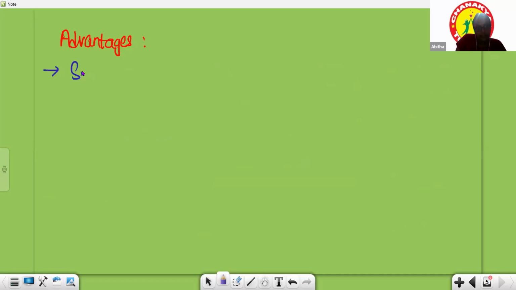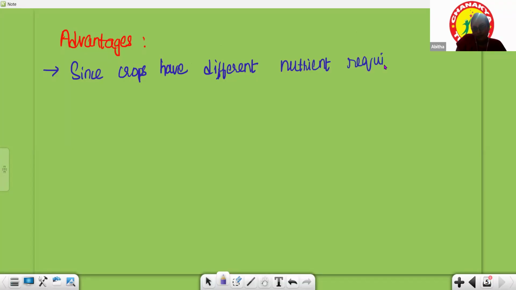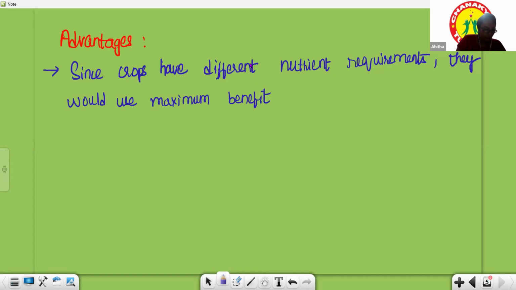So you can write: since crops have different nutrient requirements, they would use maximum benefit or maximum nutrients from the soil.